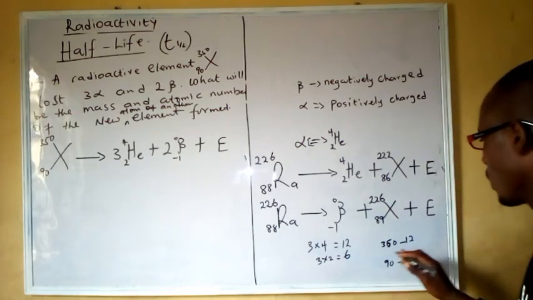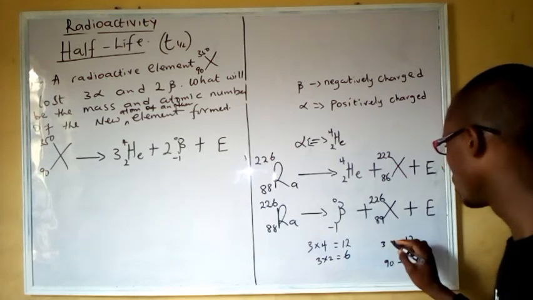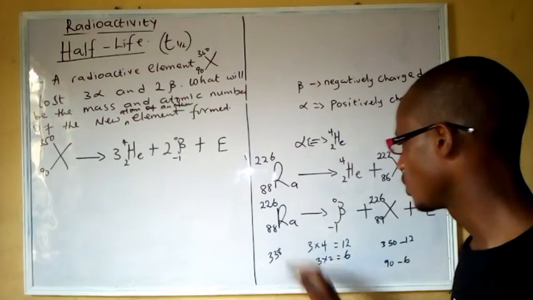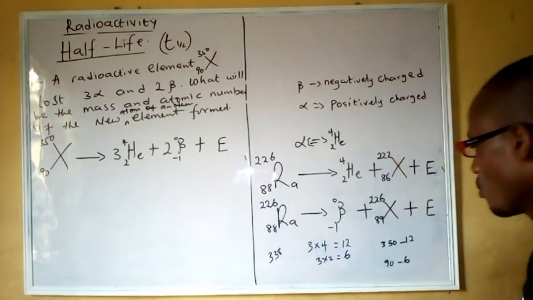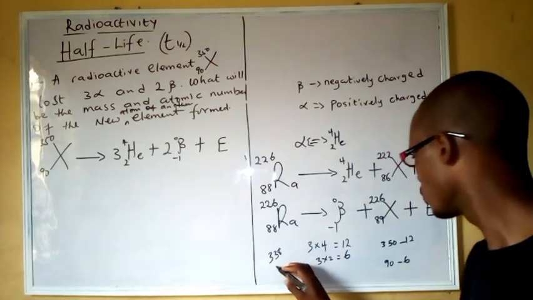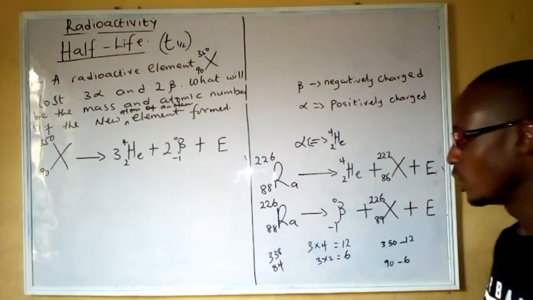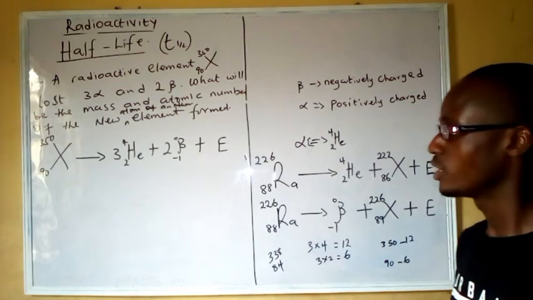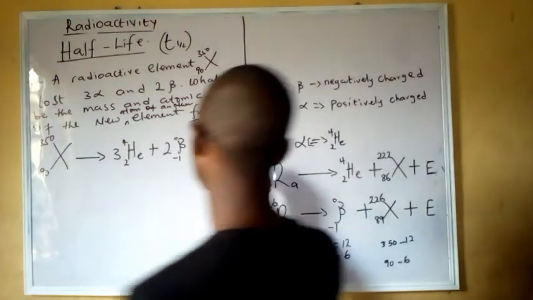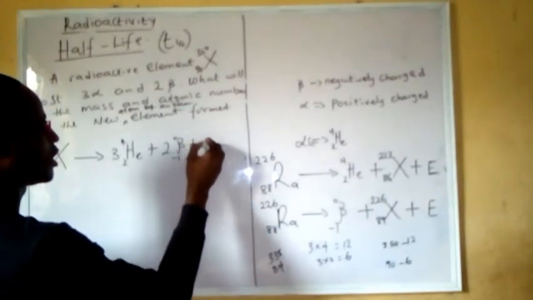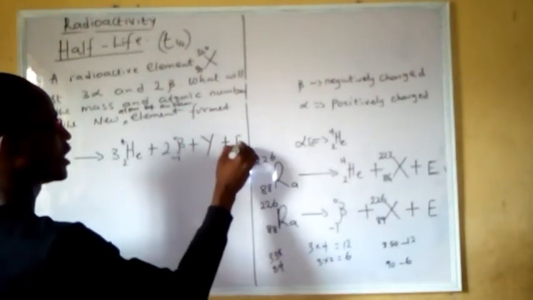At the end, 338 will be left in the mass number, then 90 minus 6, we have 84 left in the atomic number for the new element produced. However, the new element produced is not indicated here, so let's put it plus Y plus energy.